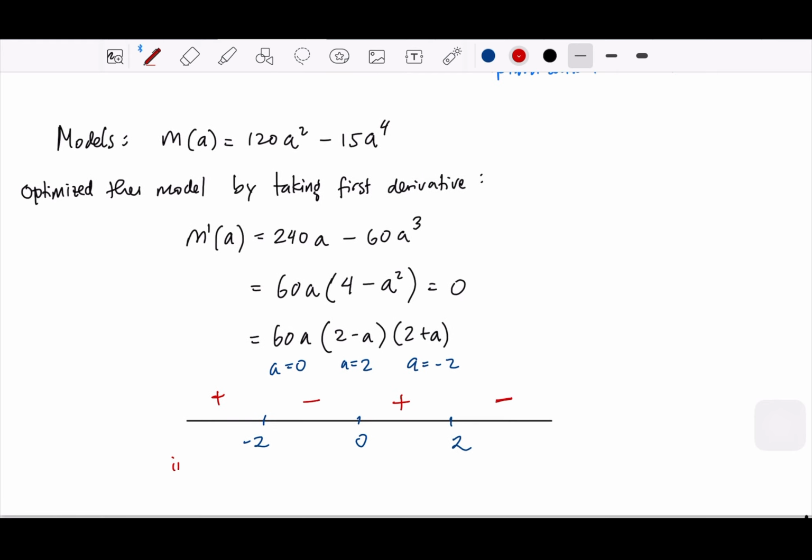So it's increasing here. So increasing, we can write from -infinity to -2, and then 0 to 2, and decreasing from -2 to 0, and 2 to infinity. Okay.